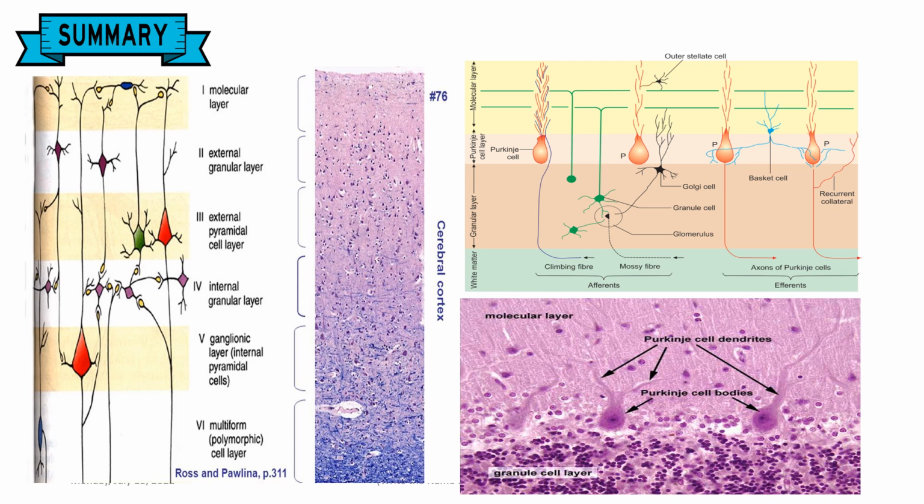The first layer was the molecular layer. The second layer was the Purkinje cell layer. The third layer was the granular layer. These 3 layers form the cortex of the cerebellum. After that, we can see white matter, which contains afferent and efferent nerve fibers.